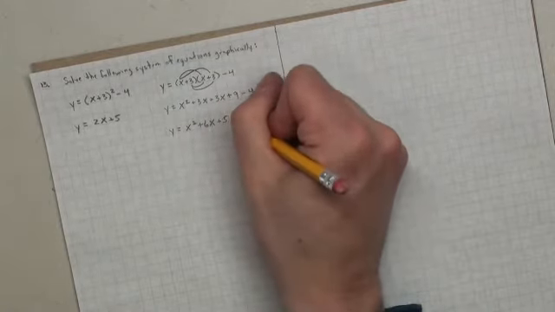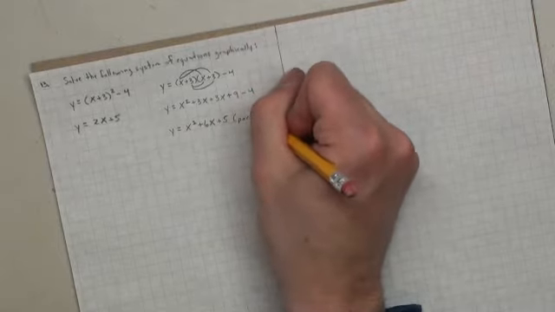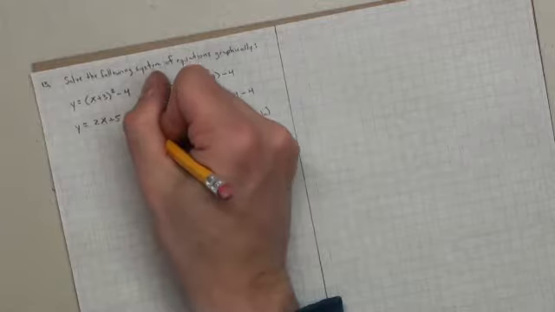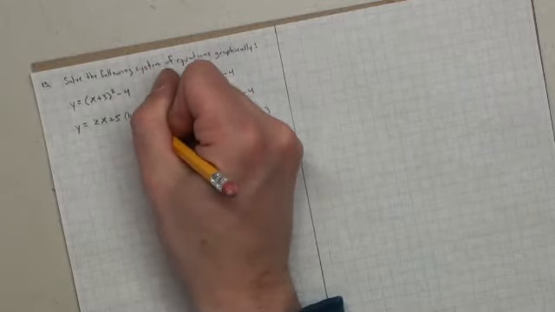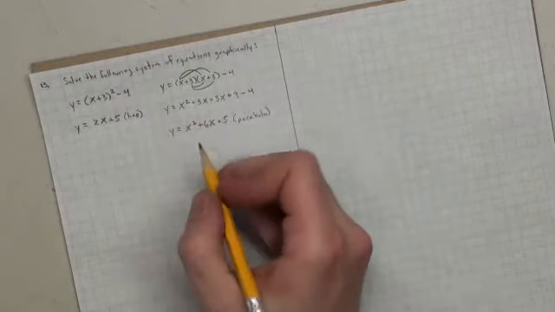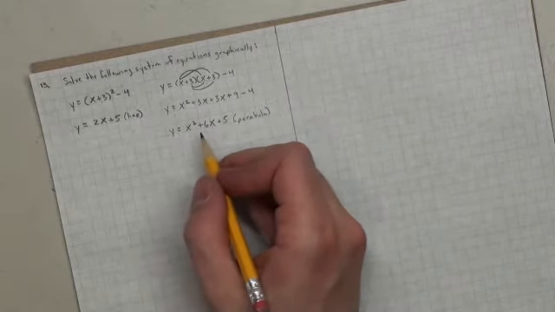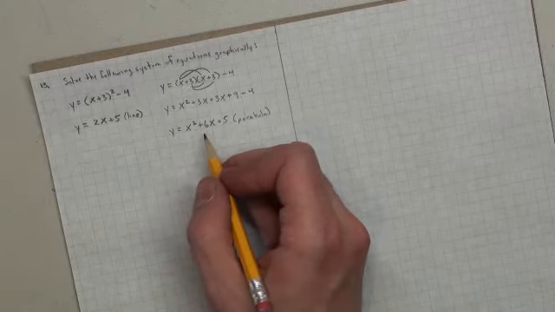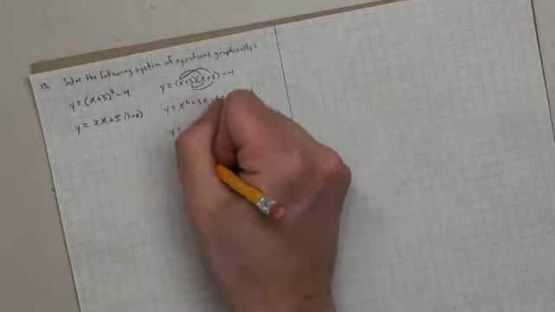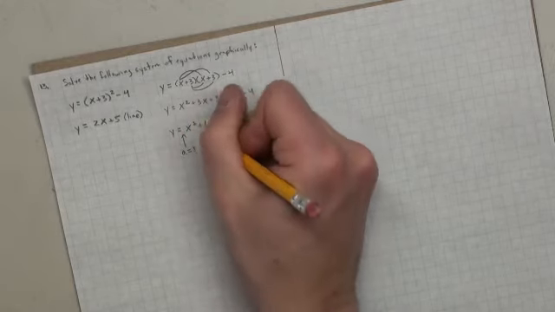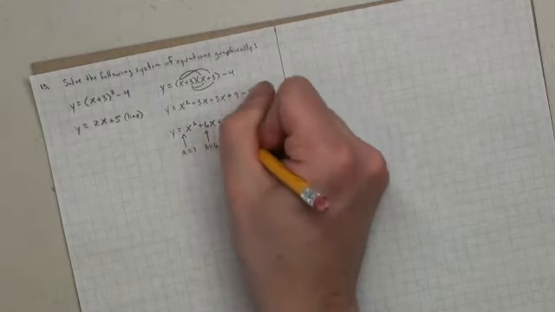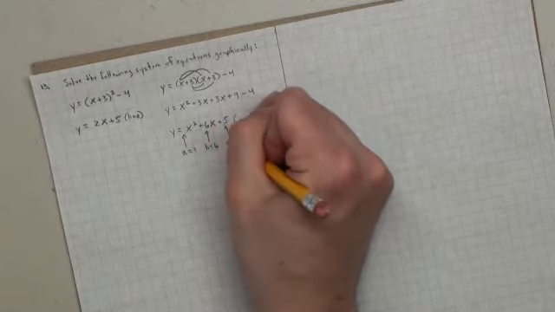So now we can see that this is a parabola. The bottom one is a line because it doesn't have anything squared. Now we're in standard form, y equals ax squared plus bx plus c. So let's identify our a is 1, our b is 6, and our c is 5.